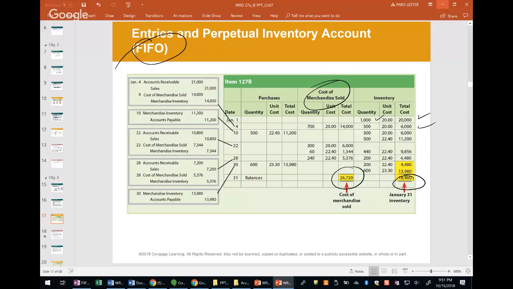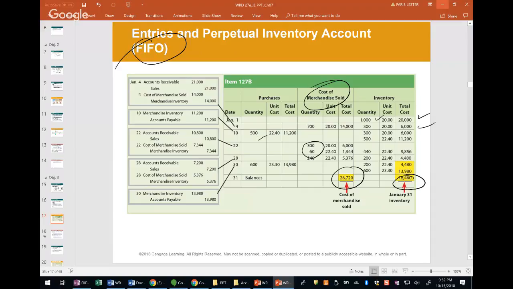Now, if this were LIFO, we'd still have had to sell these 700 units, wouldn't we? And then we bought how many? And then we sold how many? Did we sell 360? Now, if this were LIFO, what 360 would I sell?